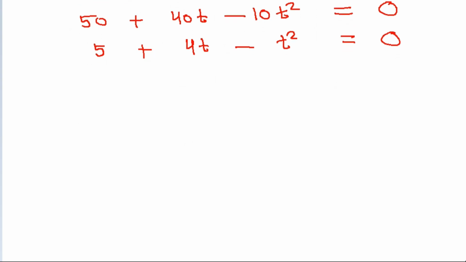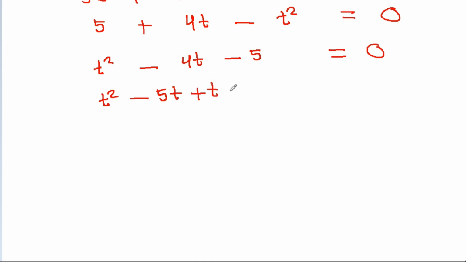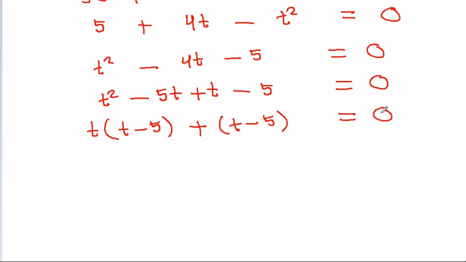and it is t square minus 4t minus 5 is equal to 0, and it is t square minus 5t plus t minus 5 is equal to 0, and here if we take t common, then we will get t(t minus 5) plus (t minus 5) is equal to 0, and now we can take (t minus 5) common, and we will get (t plus 1) is equal to 0.